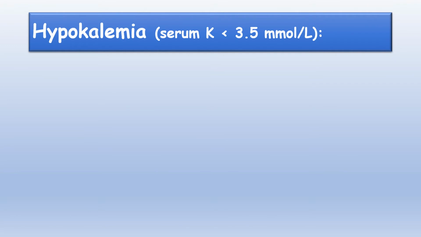Hypokalemia, serum potassium less than 3.5 millimole per liter.